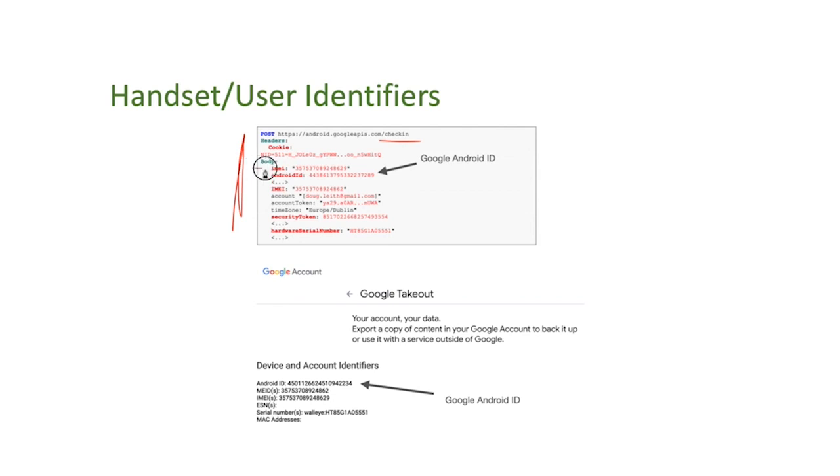The IMEI identifies the SIM slot. It's got the hardware serial number for the handset, and it's got this Android ID. And these are linked together. And if we do Google Takeout for the user account, it's also linked to the Google user account. Then we can see these identifiers all being echoed back. So these identifiers really are collected and linked to the user account. That's not speculation.